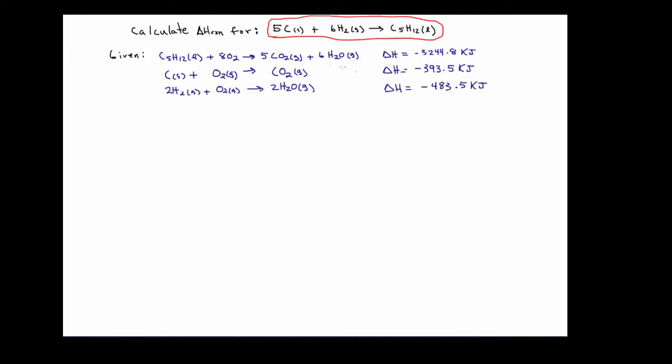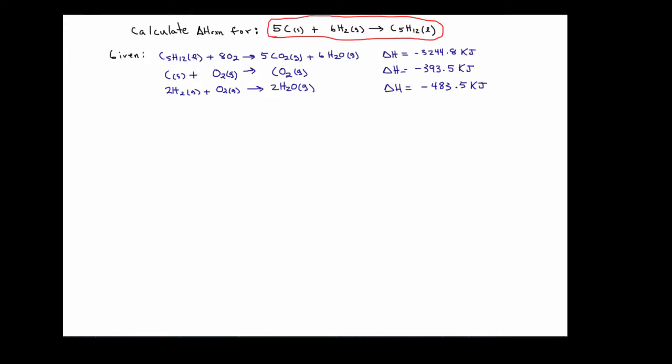Just as an aside, you can see that the delta H for each of these reactions that we're going to be summing together is a negative number. This means that all three of these reactions in the direction that they're written at the moment are exothermic and releasing energy as they go to completion.